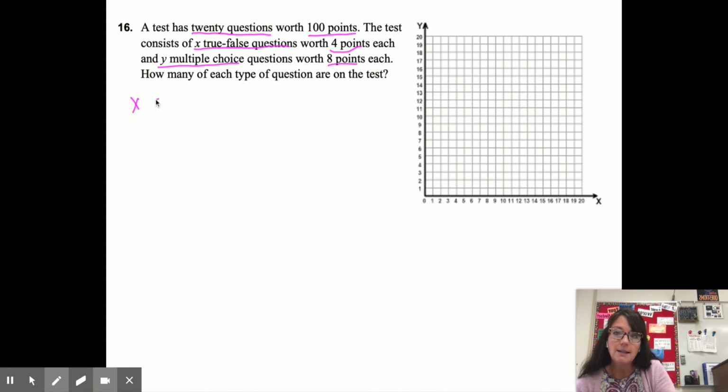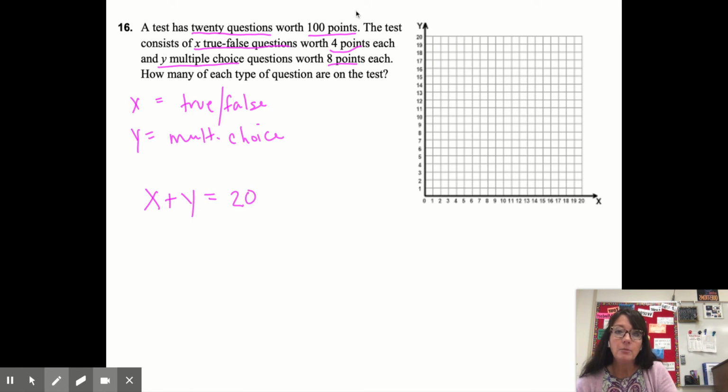So we know that X is equal to our true false questions, and Y is equal to our multiple choice. So now we're going to write some equations here. We know that the number of true false plus the number of multiple choice is a total of 20. So X plus Y is equal to 20.